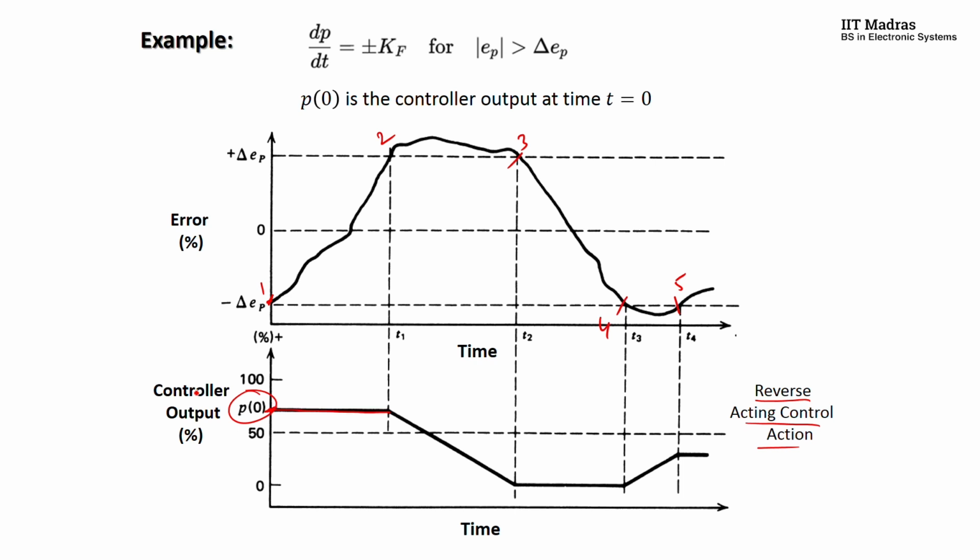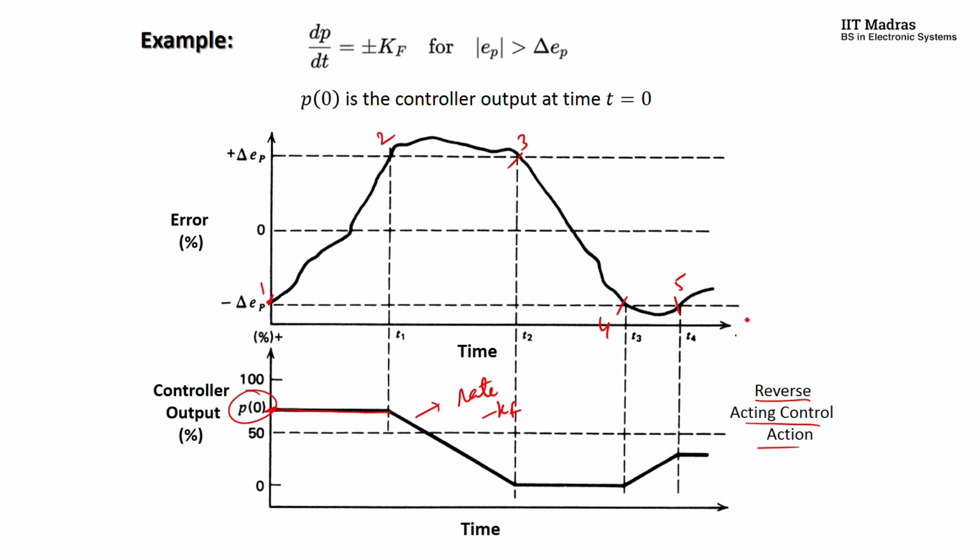Now once it exceeds the limit here at plus delta EP, that means the error is getting more and more positive than plus delta EP. You are decreasing the control action at a certain rate. So this rate is Kf, or to be precise, minus Kf. So you are decreasing the rate at which the control output is going down, that is minus Kf. Alright.